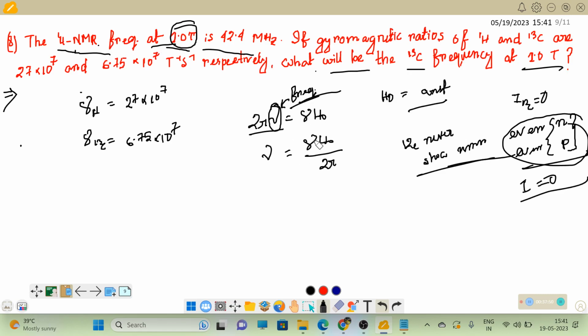We can take 2 pi as constant, and H0 also constant. So we can make a relation that the frequency is directly proportional to gamma. Nu is represented here, and gamma is here.